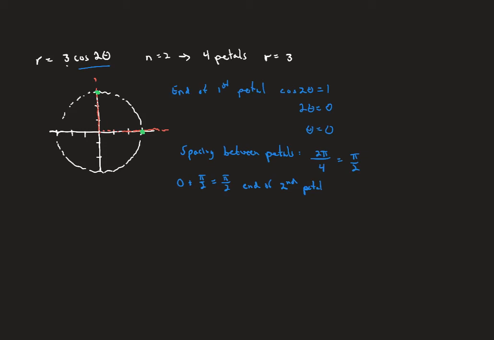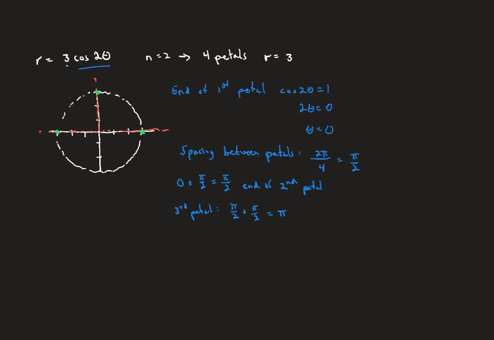And likewise, the third petal, I'm going to take where we left off, the end of that second petal, and that was pi over 2, and add our spacing, which was pi over 2, and so that's going to put us at 2 pi over 2, or pi. So here we are, here's our angle pi, and at the end, where that intersects our circle, is the end of our third petal.